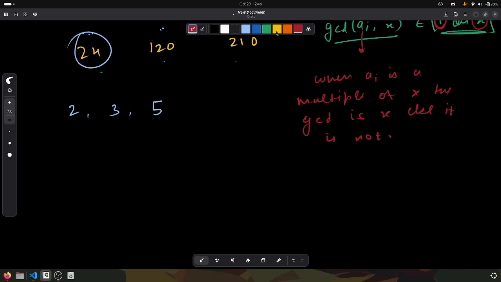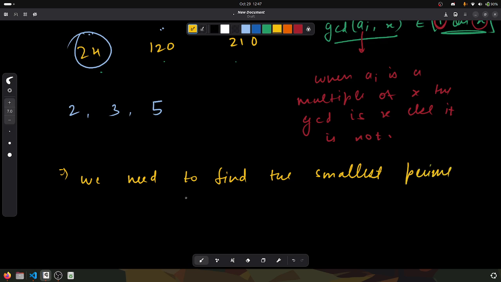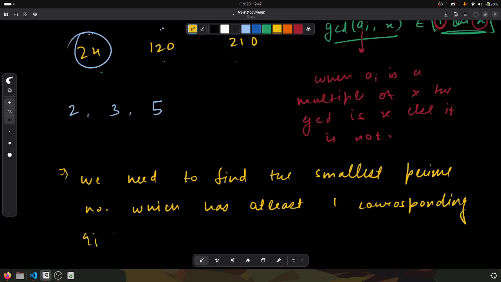So what we need to do is find the smallest prime number which has at least one corresponding Ai which is not a multiple of that prime number.